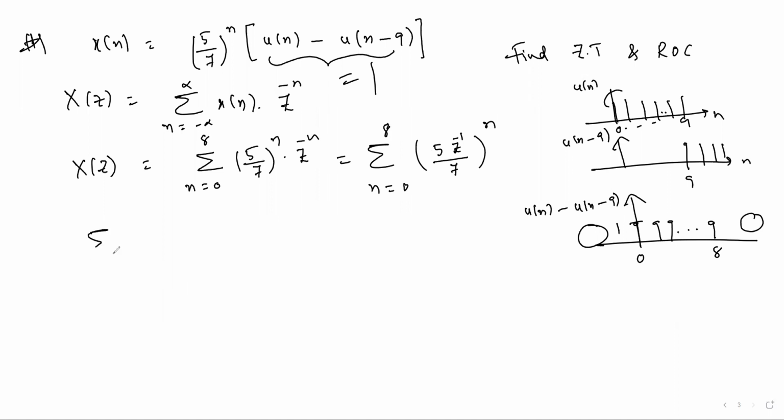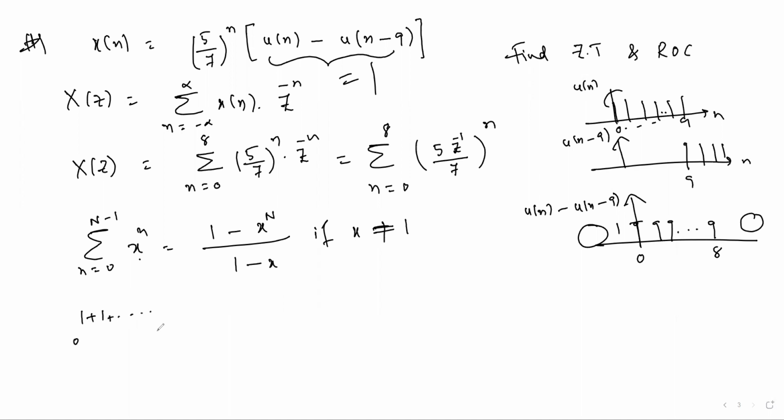The sum of the series, if we take n value 0 to n minus 1 of x to the power of n, we can write as 1 minus x to the power of n divided by 1 minus x, provided x is not equal to 1. Of course, if x equals 1, it is 1 multiplied n times, that means n.